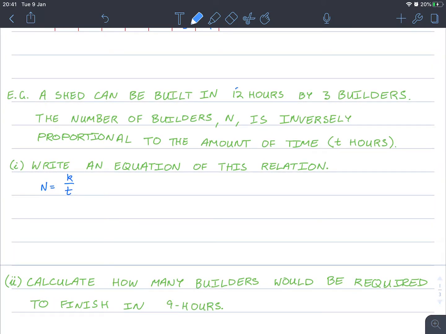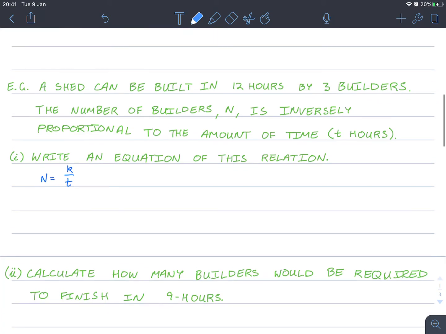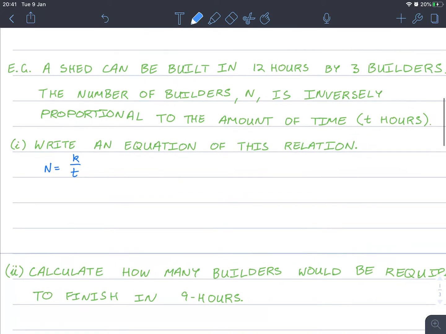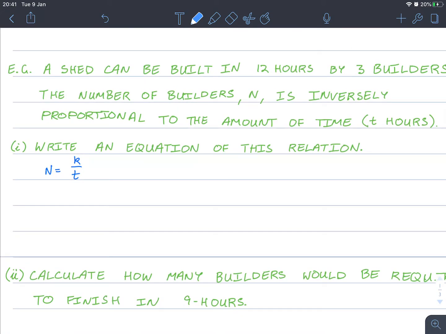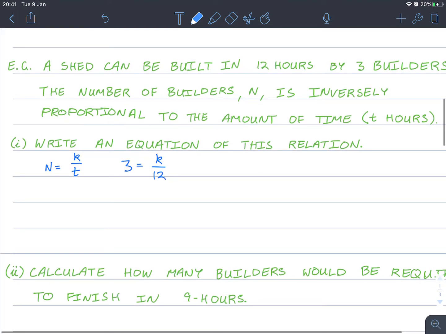We know what the values are though, because we have t is equal to 12 and n builders is equal to 3. We can substitute these values. So n is equal to 3 is equal to k over t, which is 12 hours. Solving for k, we times by 12 on both sides, and we get 36 is equal to k.